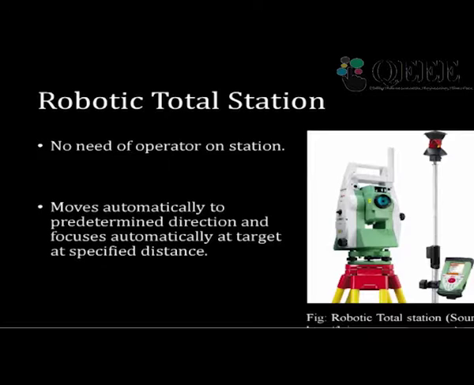For example, this is your total station main instrument and this is your prism target. Let us say it is a robotic total station. Based upon the location of your prism target, the robotic total station will rotate and orient such that it exactly bisects the target.